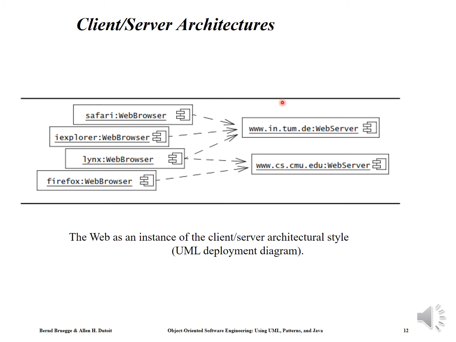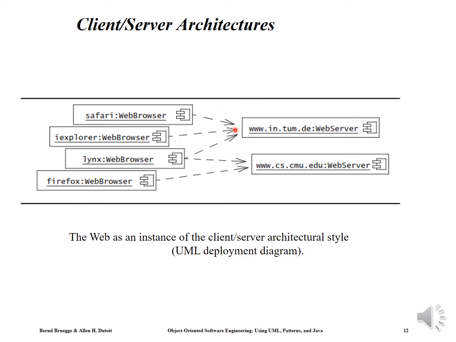On the World Wide Web, a single client can easily access data from thousands of different servers. So the web is an instance of the client server architecture style.